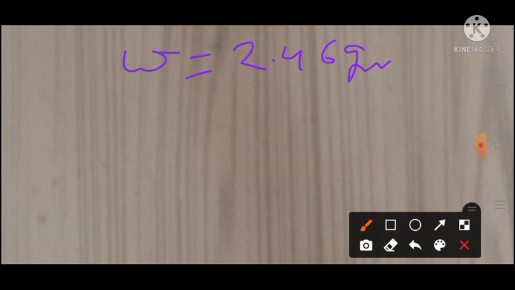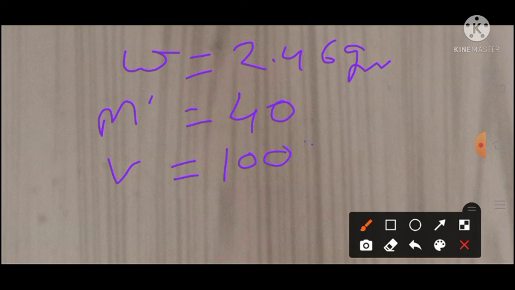Molar mass, that is M dash, is also given, equal to 40. Volume of the solution, that is V, equals 100 centimeter cube.